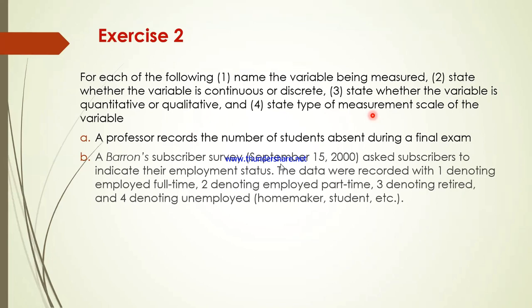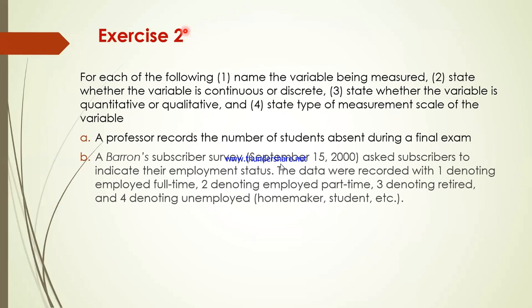Read the given situation in part B carefully, and from that identify what the variable is. A variable is the attribute of the respondents, right? Here one answer we got.